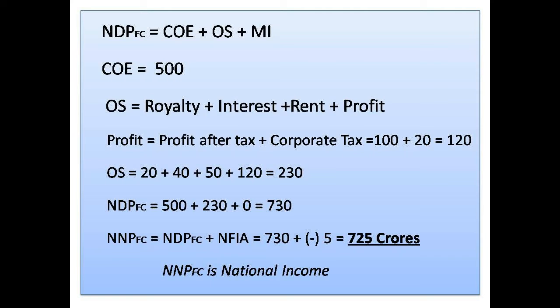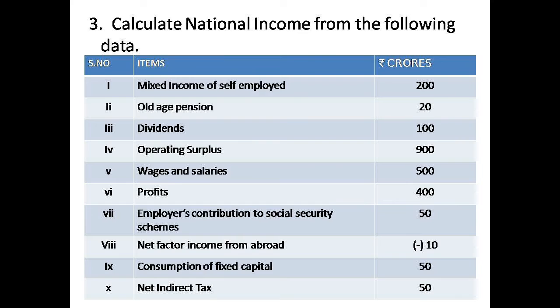So how much is NDPFC? NDPFC is 730. NFIA is minus 5. So net national product at factor cost is equal to 730 plus minus 5. That is 725 crores. So 725 crores is net national product at factor cost and NNPFC is national income. So national income is 725 crores.